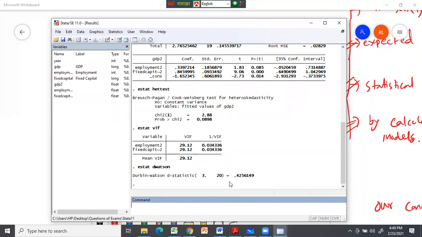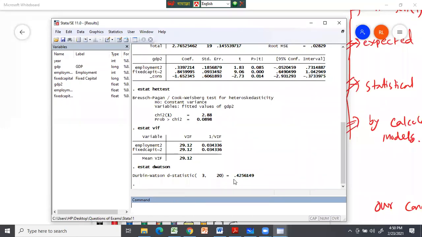So in that case, how would I conclude that this DW test statistic, producing a value of 0.4256, indicates that the model suffers from the problem of autocorrelation? Its benchmark is that the d value will always be equal to 2 or close to 2 when there is no autocorrelation problem in the model.